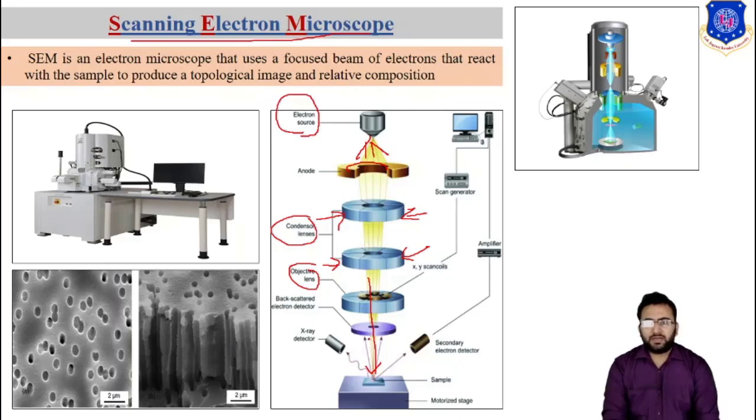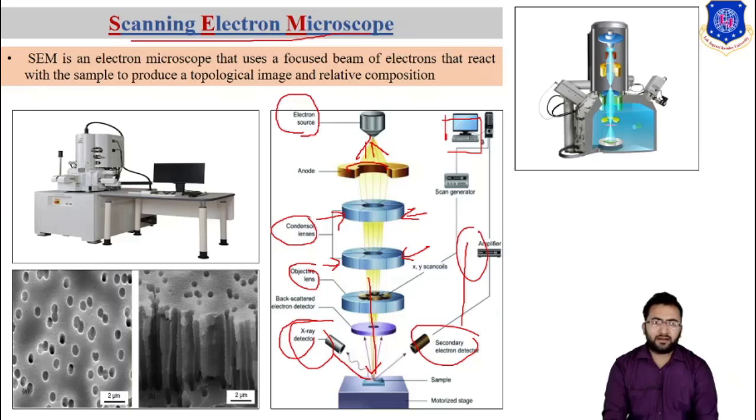After striking the surface, the electrons are detected by the X-ray detector, which generates the image on the PC or computer. The generated image is sensed by the X-ray detector and the secondary electron detector, which amplify the image and send it to the computer.